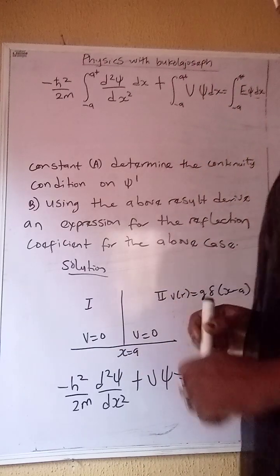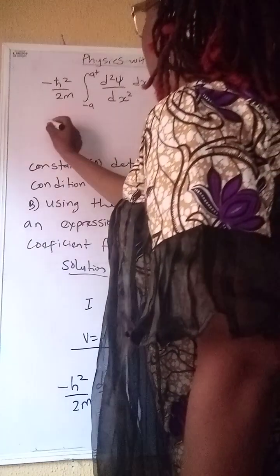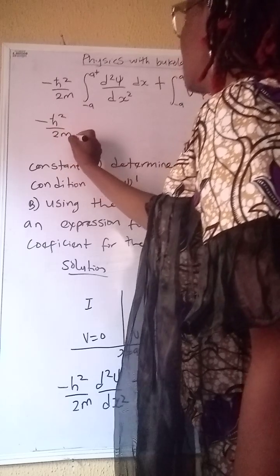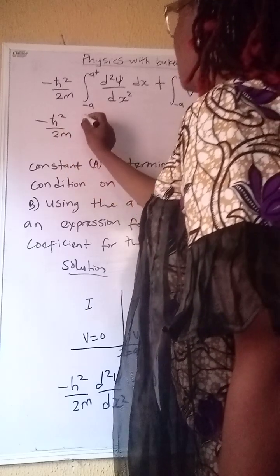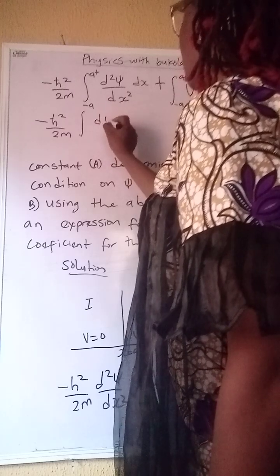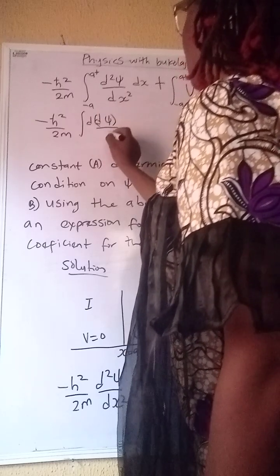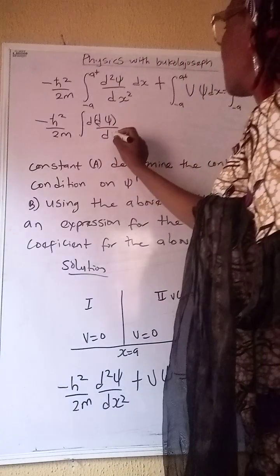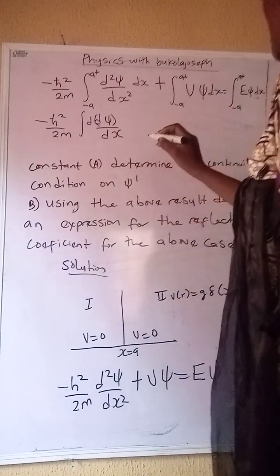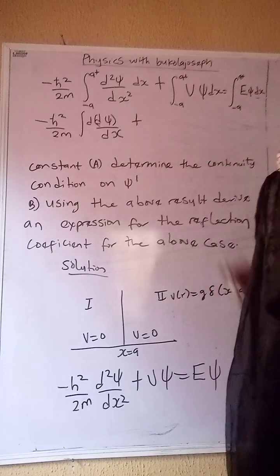So if we further break this down, we have minus h cross squared over 2m, the integral of d squared psi dx squared dx, then plus, we'll substitute this V here.